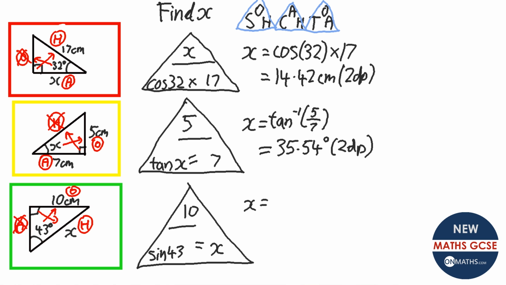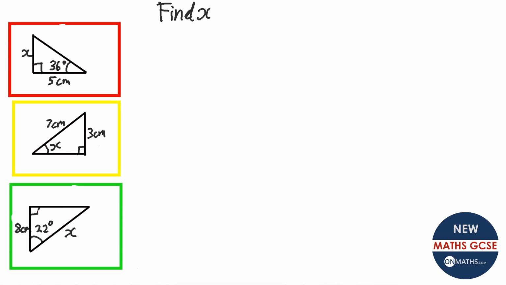So I type in 10 divided by sine 43, or put it as a fraction, 10 over sine 43. When I do that, I get the answer of 14.66, and we're doing a length, centimetres, 2 decimal places. And that's it. Okay, if you want to pause the video now and have a go.